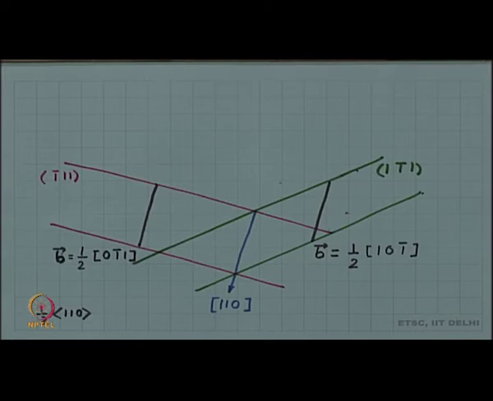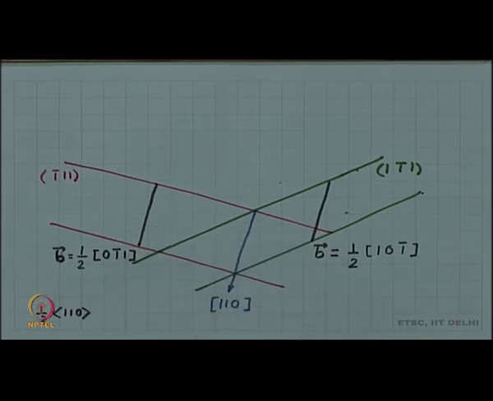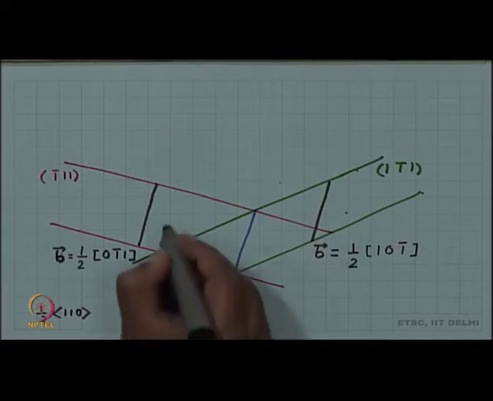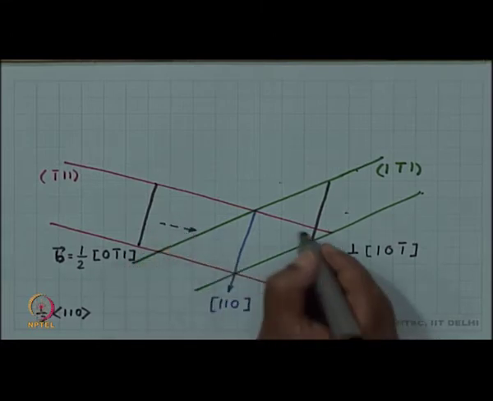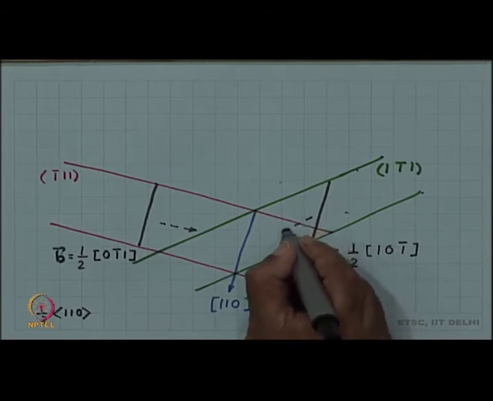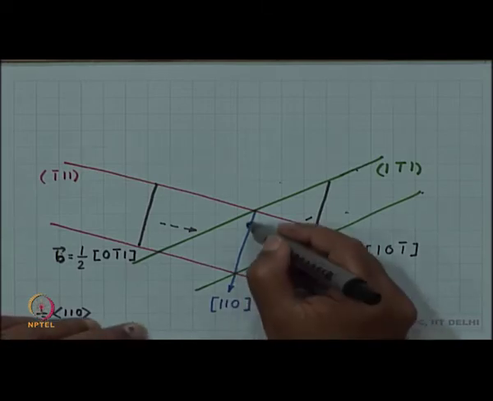Now, assume that we have a stress system such that both these dislocations move towards the intersection line. If these dislocations move towards the line, and if they finally meet at the line, what kind of interaction will be there?